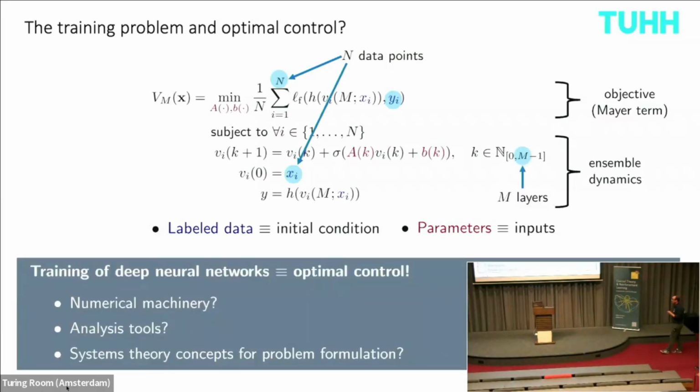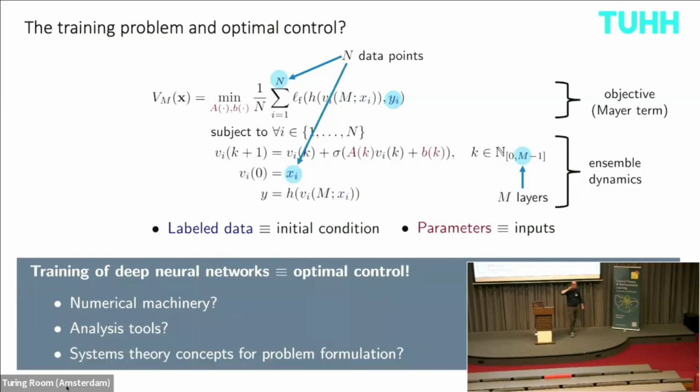Now, if I have it there, I can ask myself, okay, I say training of neural networks is optimal control. Now I can ask, can I unleash numerical machinery? We can do that. But more importantly, can I use analysis tools from optimal control to understand what the trained solution should look like? And can I use systems theory concepts, optimal control concepts, to formulate the training?